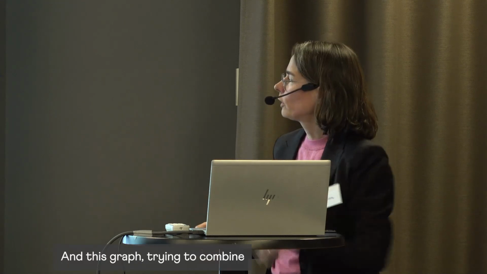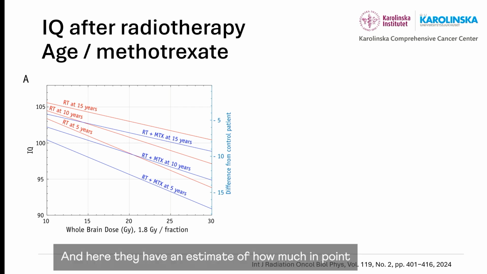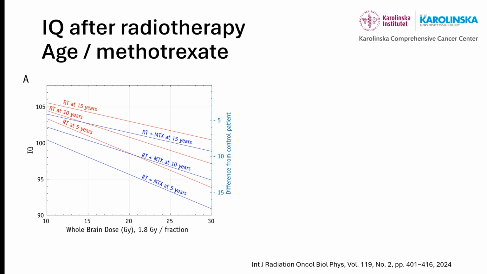And this graph tries to combine all these factors, age and methotrexate, starting with whole brain radiotherapy. Here they have an estimate of how many points the IQ will be decreased after this treatment.